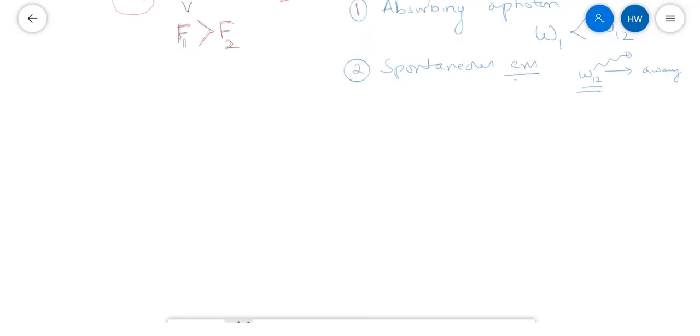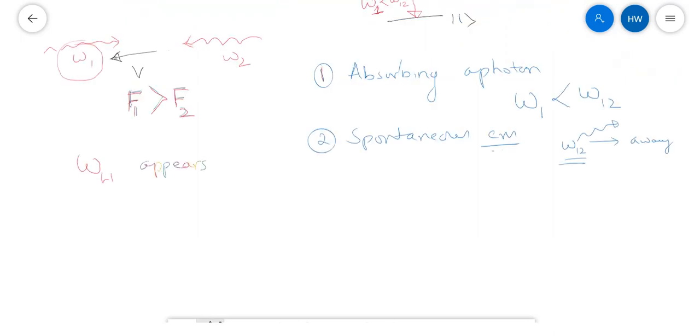So let me again re-emphasize this just a little bit, that my omega laser 1 appears very clear. So omega L1 appears to be omega L1 plus omega L1 times the Doppler shift, where v is the velocity of the atom towards it.